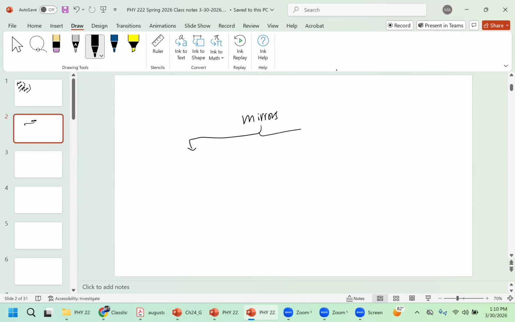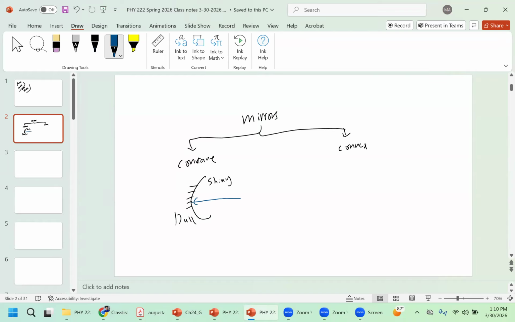Now, how many types of mirrors do we have? Concave, convex, and flat. Basically, your concave, this is going to be your dull side. It's like a cave. The shiny side is on the inside, so it's concave like a cave.